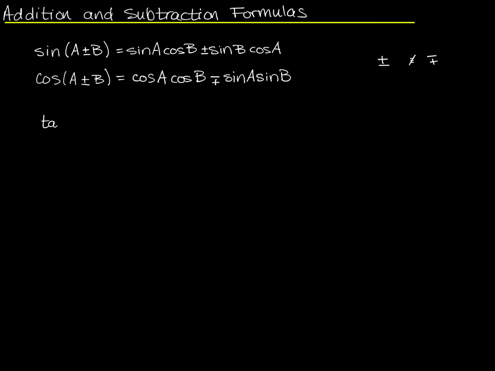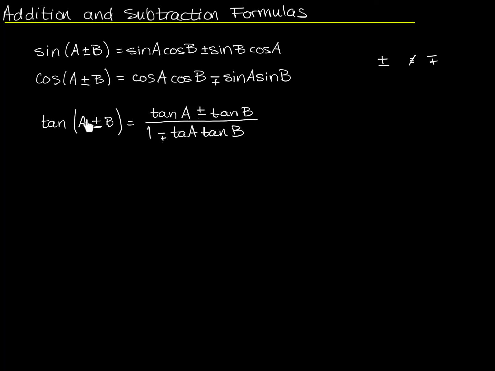The formula for tangent is a little bit different. It's the tangent of A plus B is equal to the tangent of A plus the tangent of B over 1 minus the tangent of A times the tangent of B. And if I make a plus or minus here, then I'm going to get a plus or minus here and a minus or plus down here.